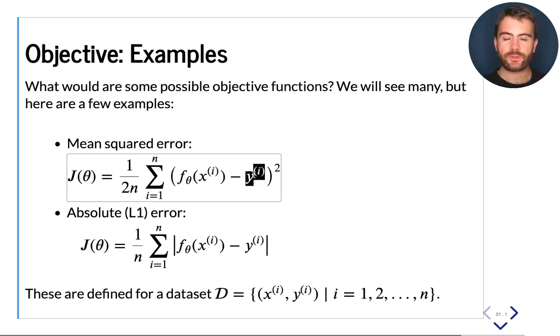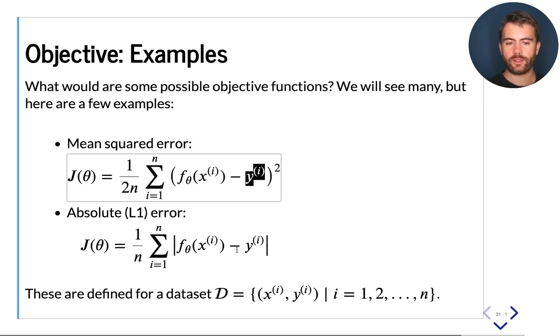We look at this difference, we square it, and then we minimize it. And this value should ideally be small. When this value is small, then the predictions from our model are very similar to the true targets, and therefore we have fit our data well.